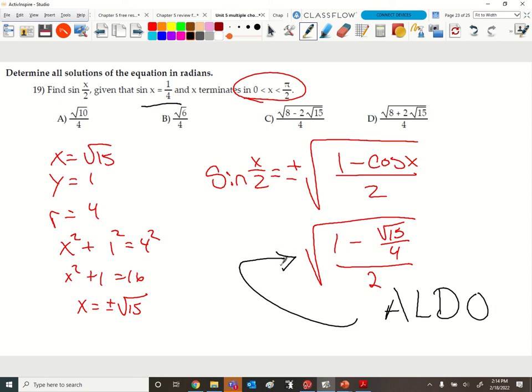Why are we going to Aldo from right there? Because we can, but we had to plug in my cosine. So I had to find the x, y's, and r's. And once I got it down to only numbers, then any of those problems that have only numbers, you just plug it in.